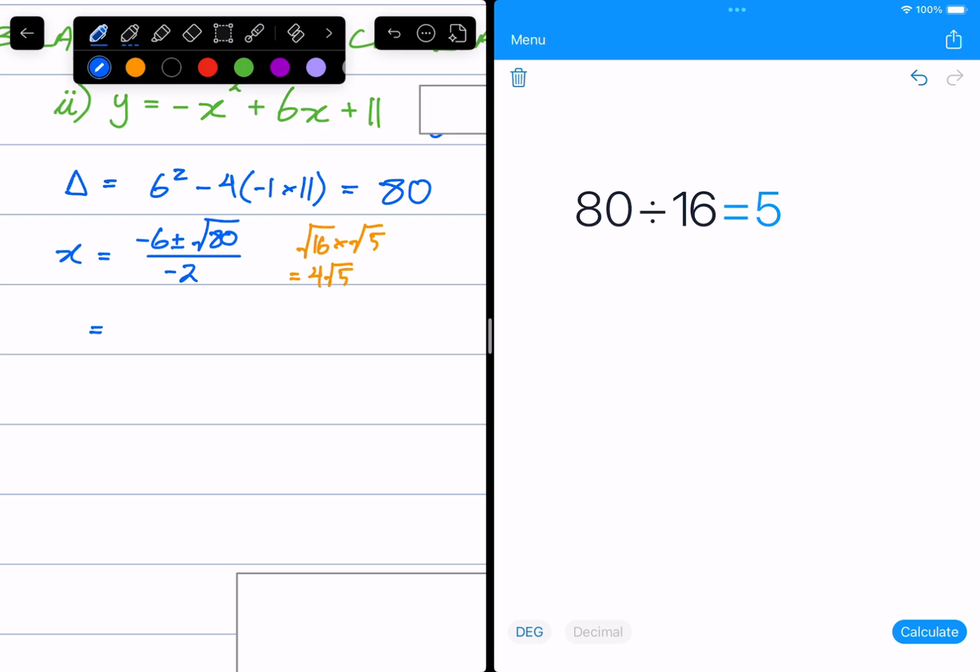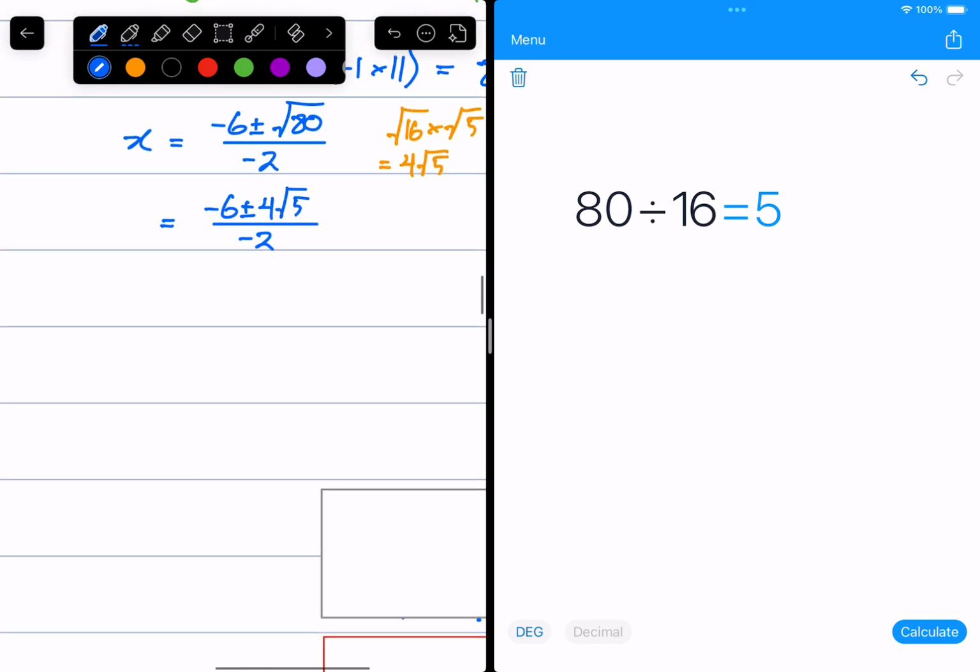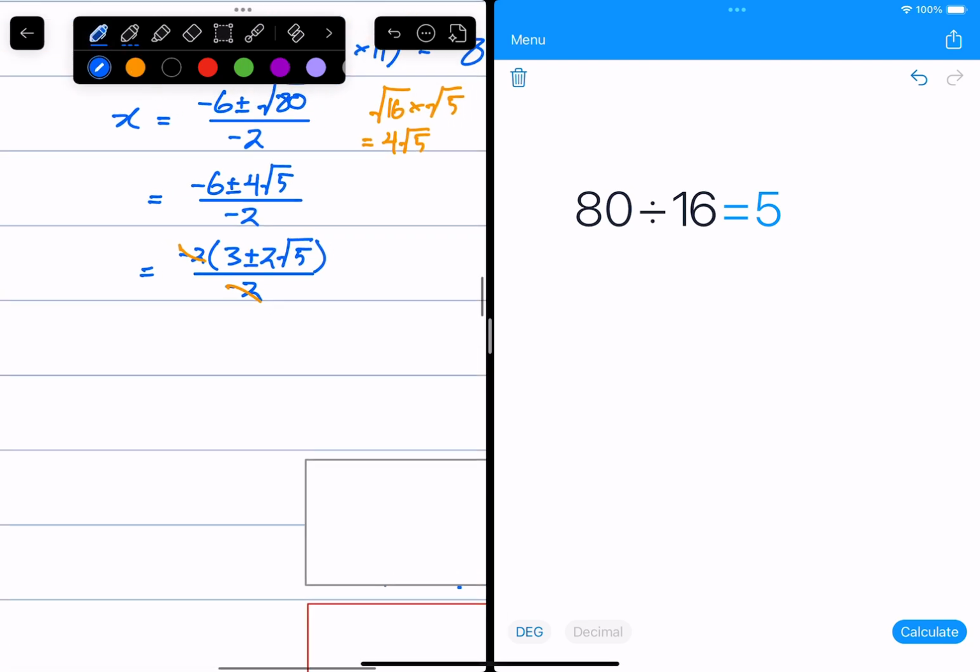So this becomes -6 plus minus 4 root 5 all over -2. And simplifying this even further, between -6 and 4, I can factor out -2 outside of +3 plus minus 2 root 5 all over -2. And the -2's will cancel, leaving us with 2 roots.